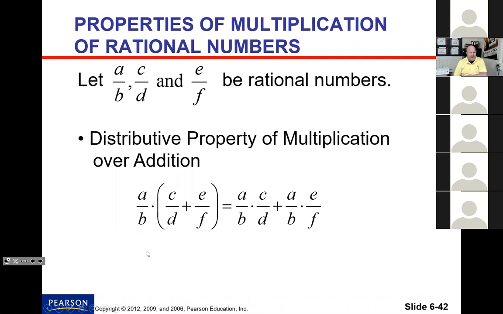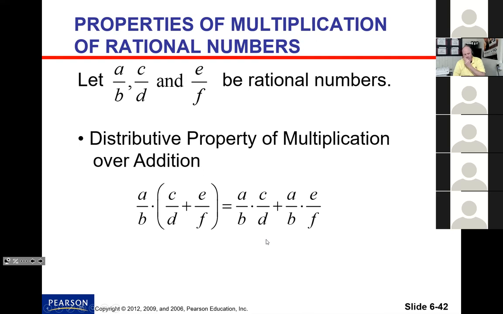What that means is everything in the brackets, the C over D and the E over F, is multiplied by A over B. So you could see A over B times C over D plus A over B times E over F. And you'll see that a lot. Do you guys remember with variables and numbers we did something called FOIL? That's distributive property. It doesn't change.